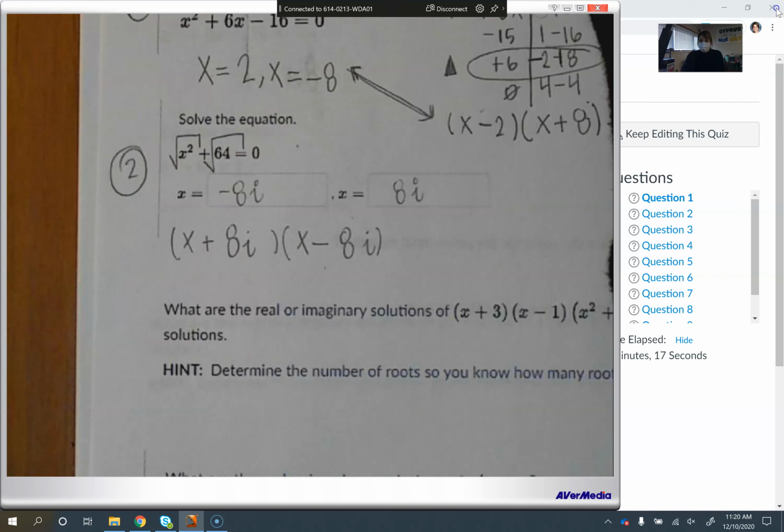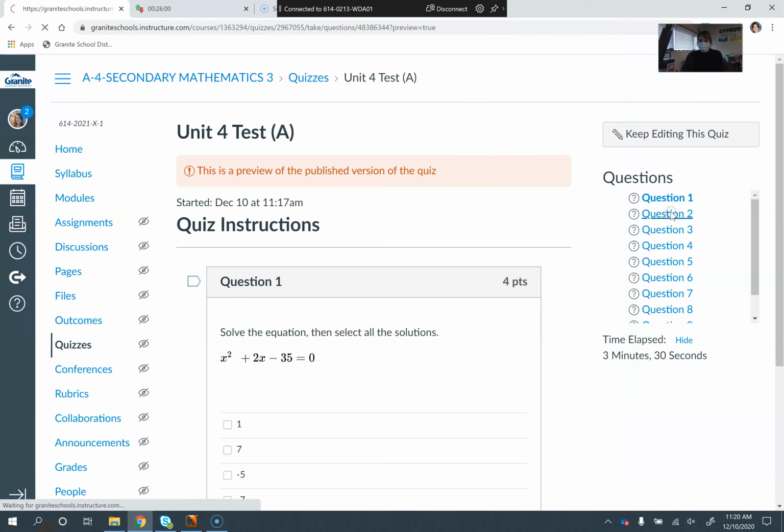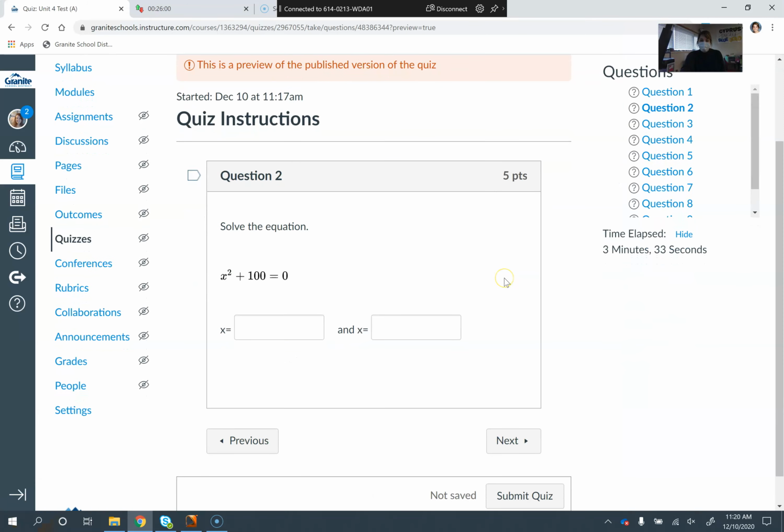So if we go to number 2, question 2 on our quiz, you see one that is almost exactly the same.